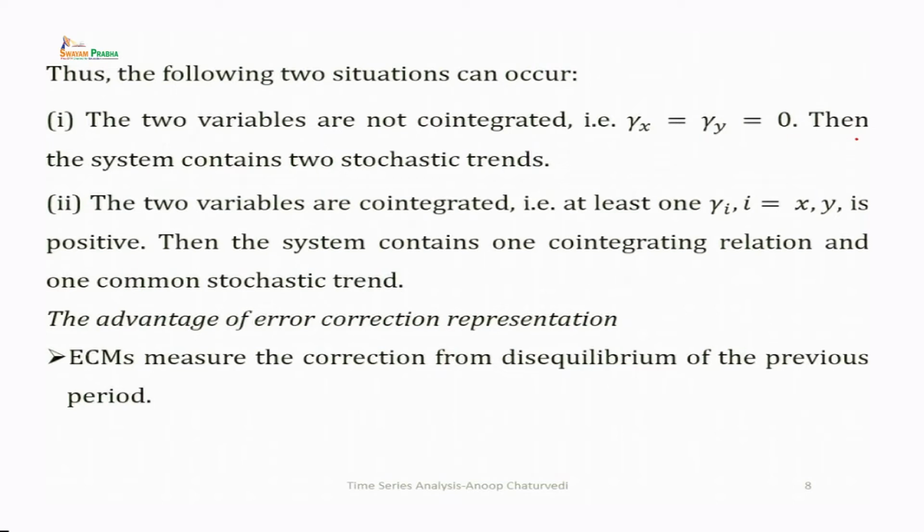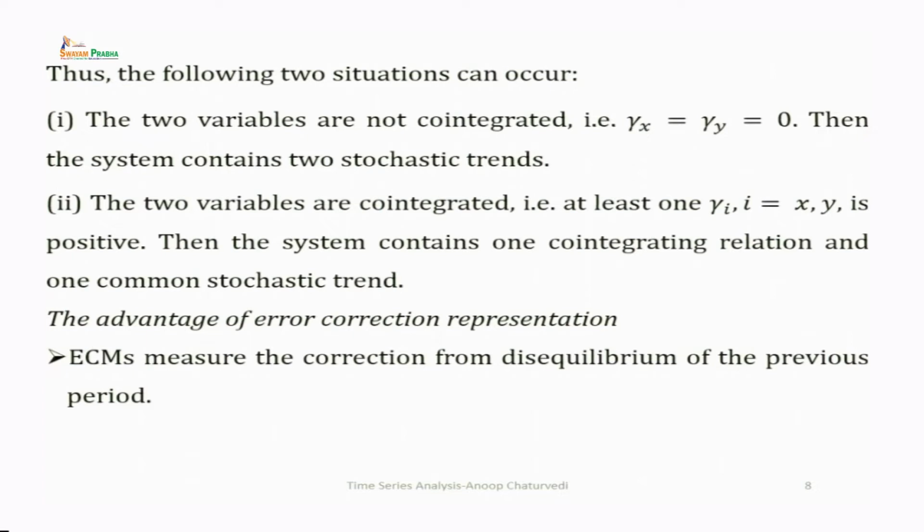Then you say that the system contains two different stochastic trends and there is no long term relationship between the two. Second, the two variables are co-integrated, that is at least one gamma, x or y, is positive. Then the system contains one co-integrating relation and one common stochastic trend.